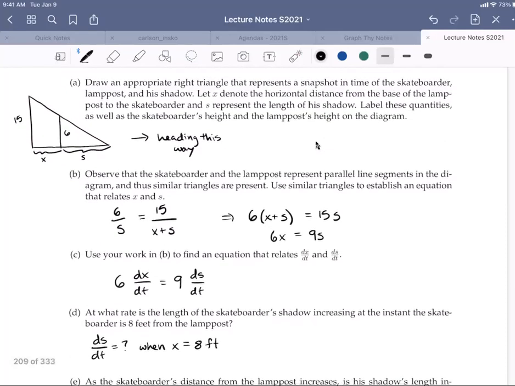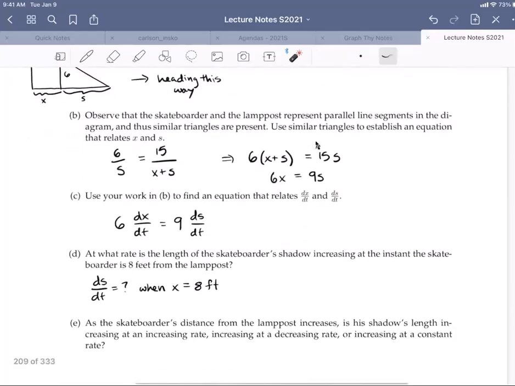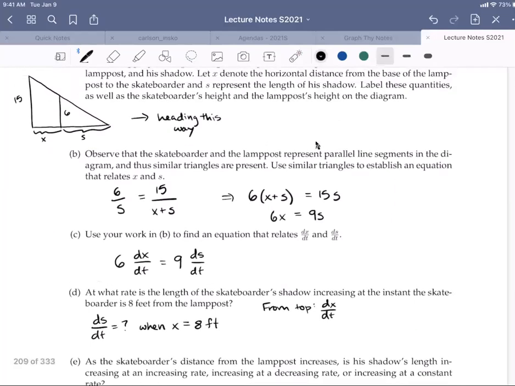We haven't used the fact that the skateboarder is moving at a rate of 3 feet per second. So from above, we know dx/dt, because the lamppost is fixed. If the skateboarder is moving this way, dx/dt is going to be the speed.